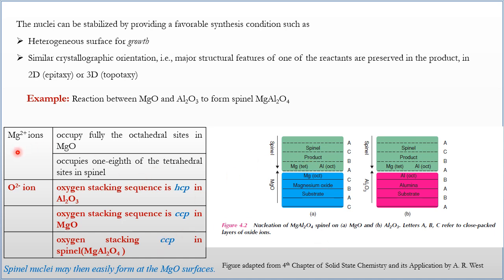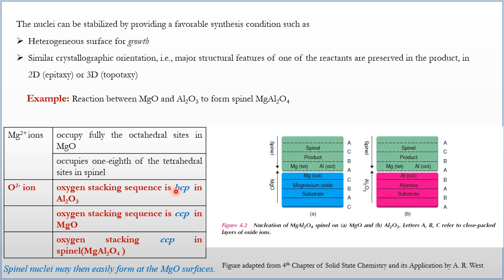The magnesium ions in MgO fully occupy the octahedral sites, and in the final spinel product they occupy 1/8 of the tetrahedral sites. More importantly, the oxide ions in MgO are in CCP arrangement, and in alumina they are in HCP arrangement.